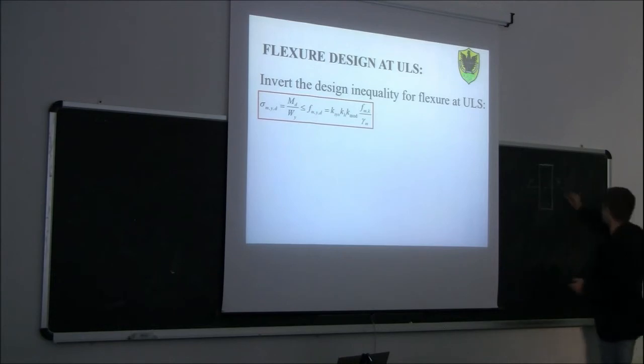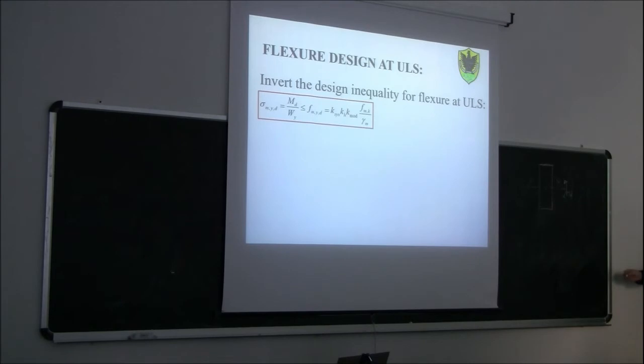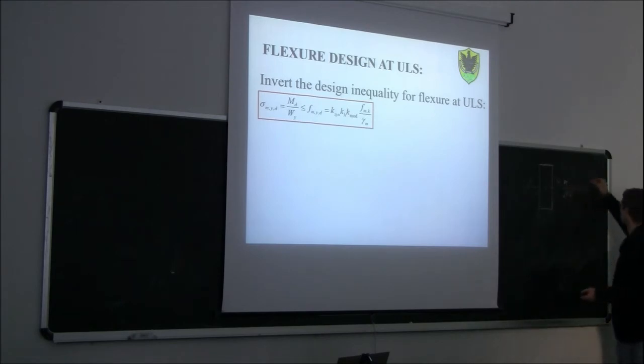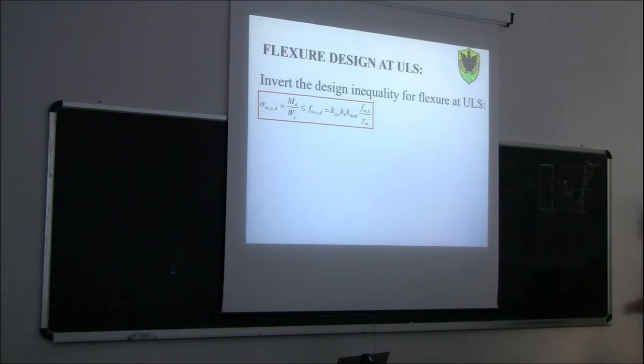Here we use the formula of Navier that you studied in mechanics of materials. This will be sigma_m,y,d. This is M_d, so M_d, the bending moment, divided by the section modulus.